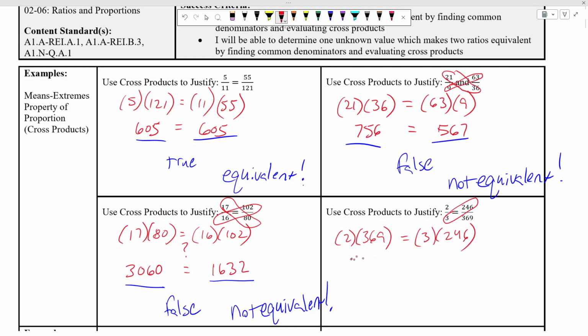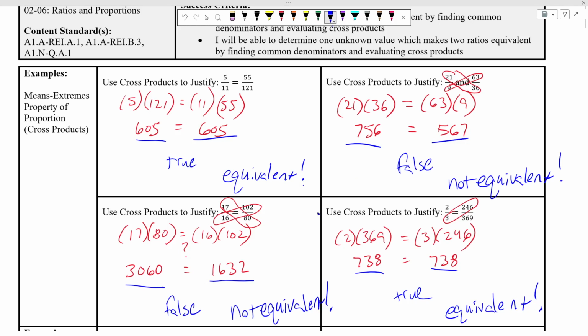If I do the multiplication here, this ends up being 738. And if I do the math here, that ends up being 738. Again, nothing further we can do, but this time they are the same number. It is true that these are indeed equivalent.